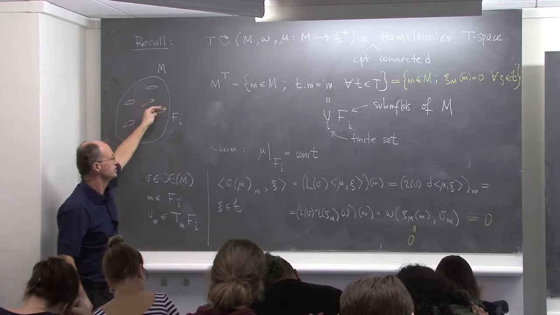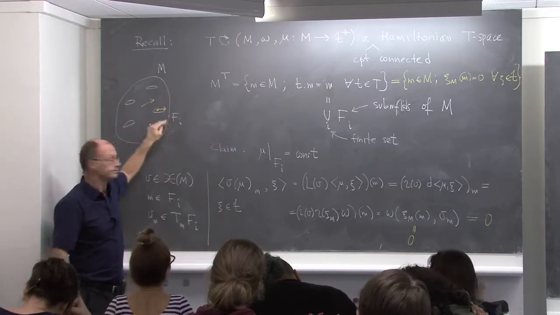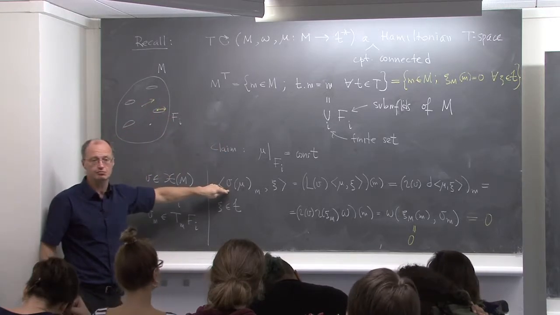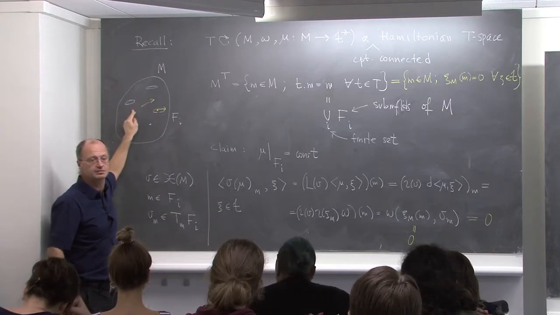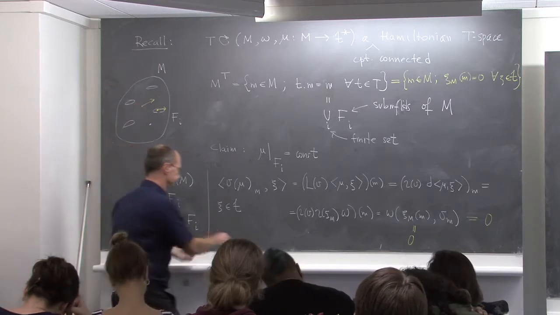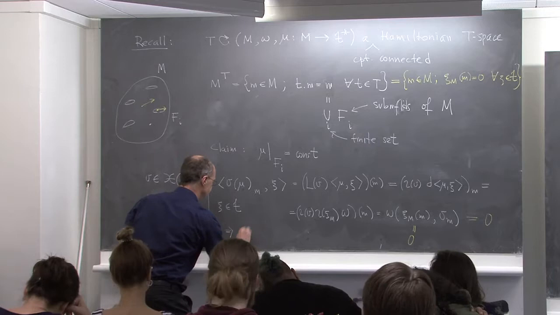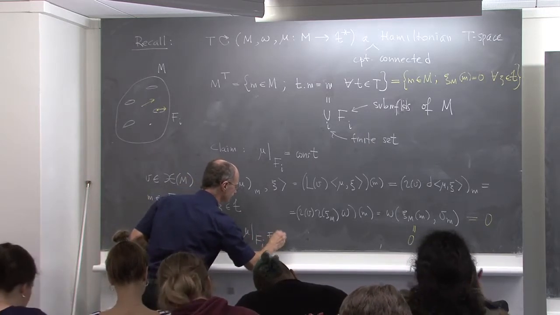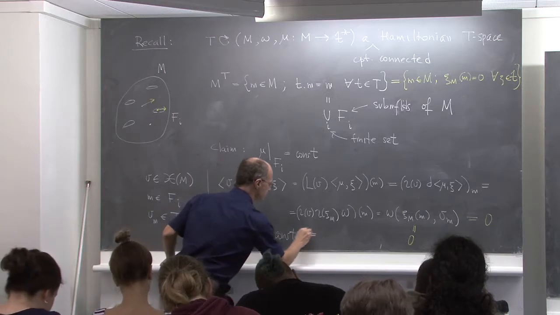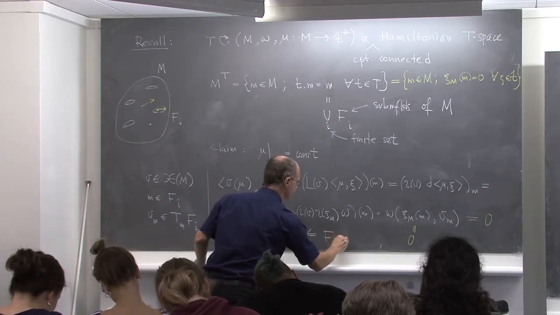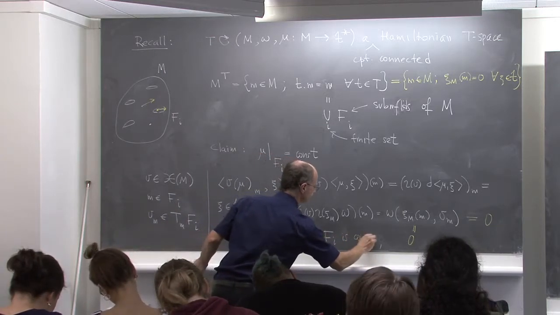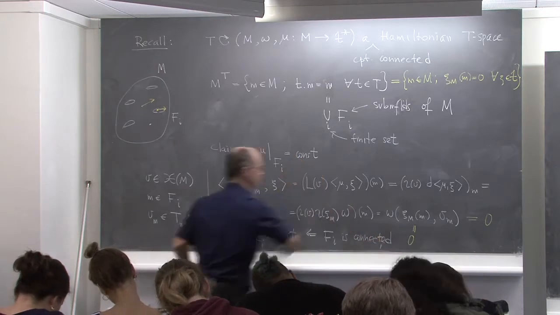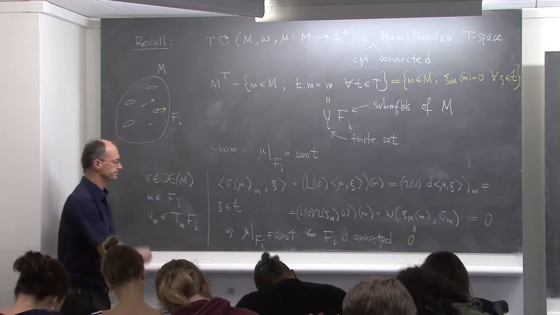And since Fi's are connected, this means that mu should be constant on Fi's, since Fi's are connected submanifolds.